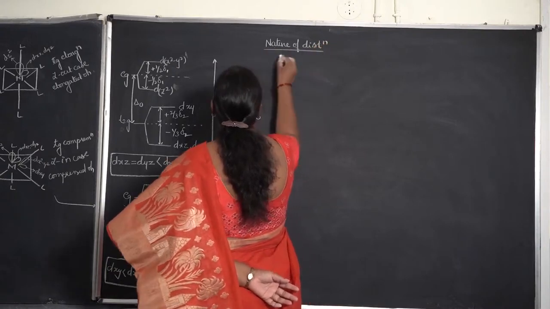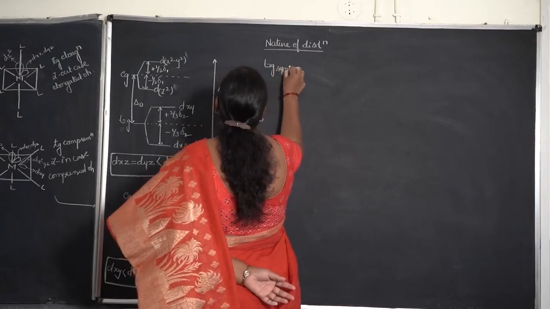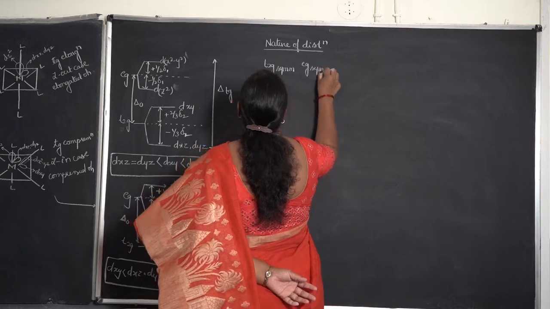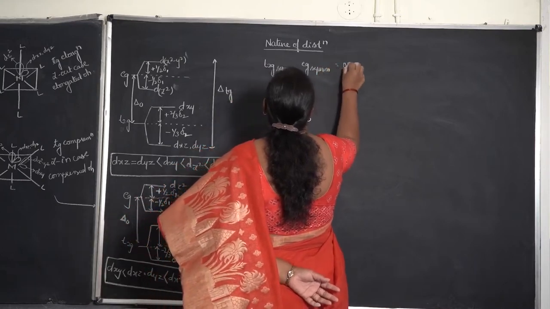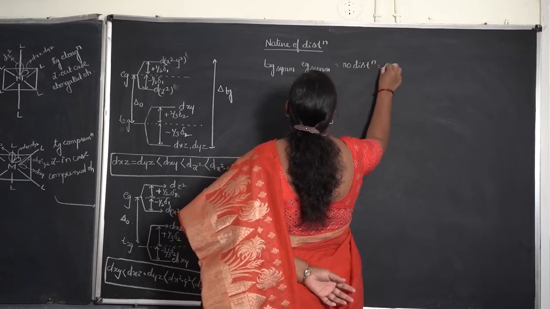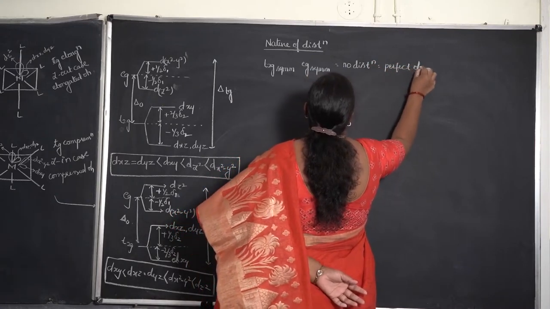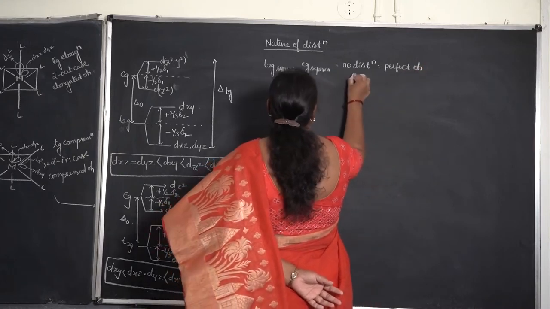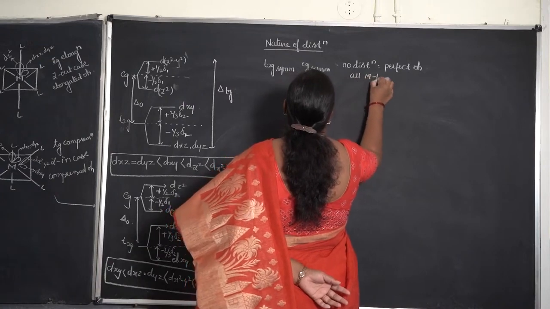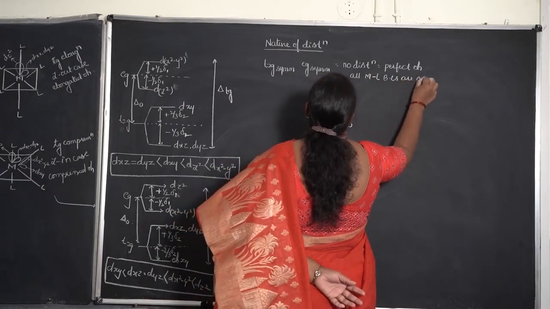That is, if T2G is symmetric and EG is symmetric, there is no distortion. No distortion means the complex is the perfect octahedron, where all the metal ligand bond lengths are similar.